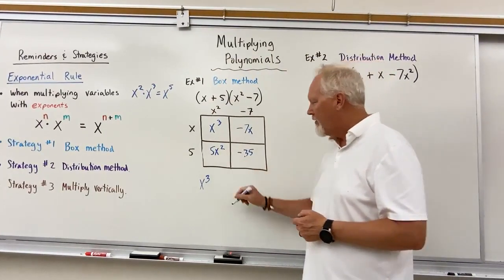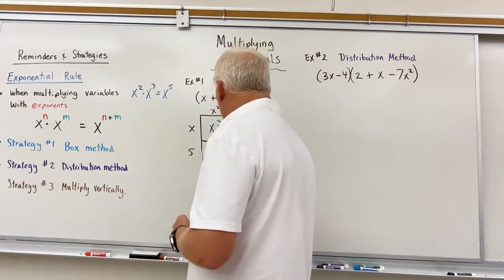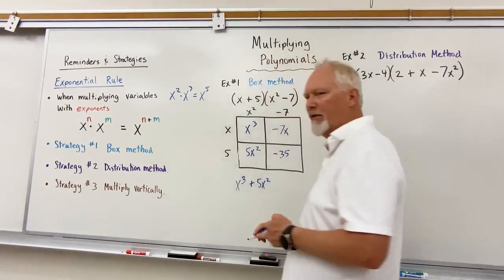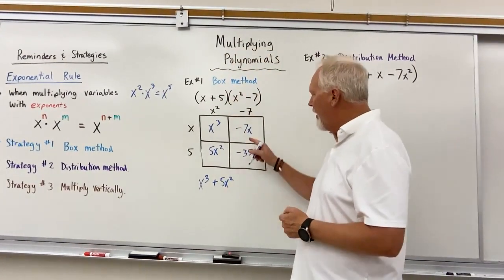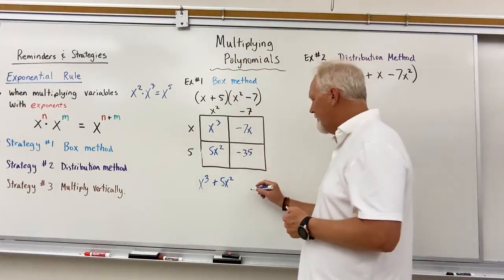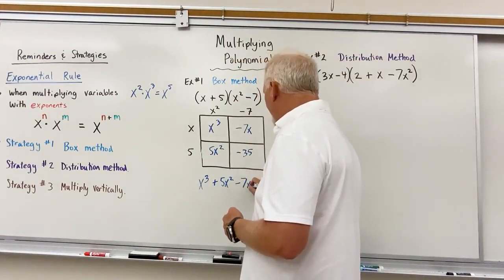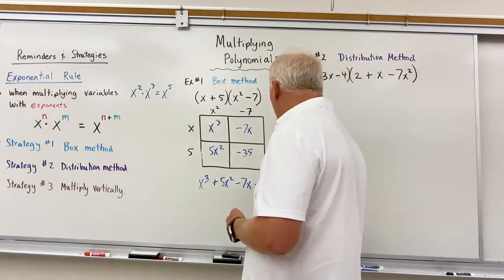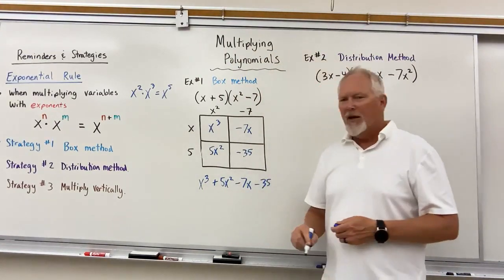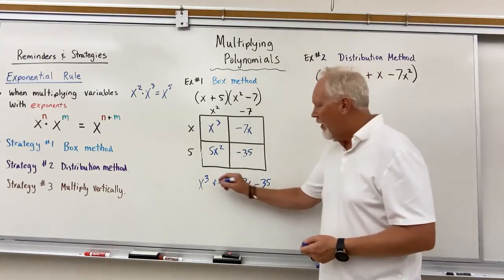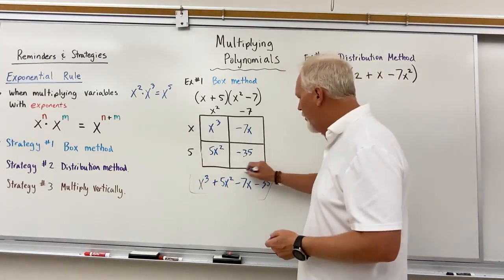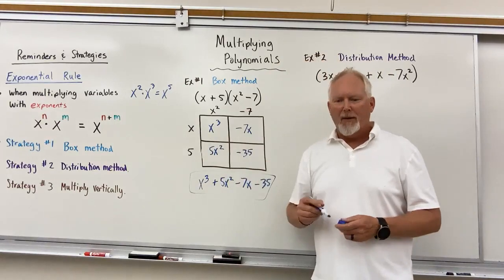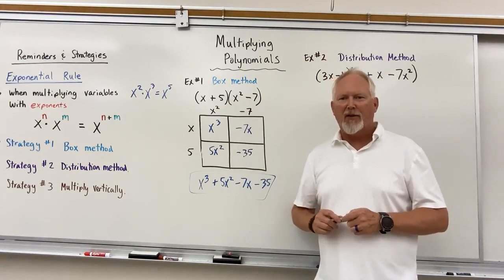That's the next highest, so plus 5x squared. And then we have a negative 7x. And then we have our constant of negative 35. And so that basically is our answer of multiplying these two binomial expressions together.